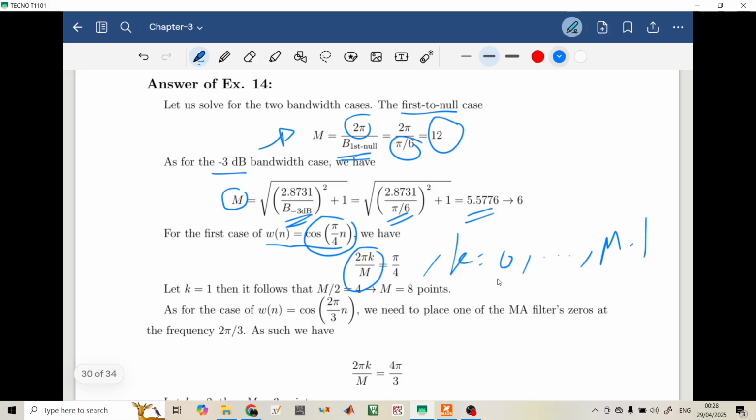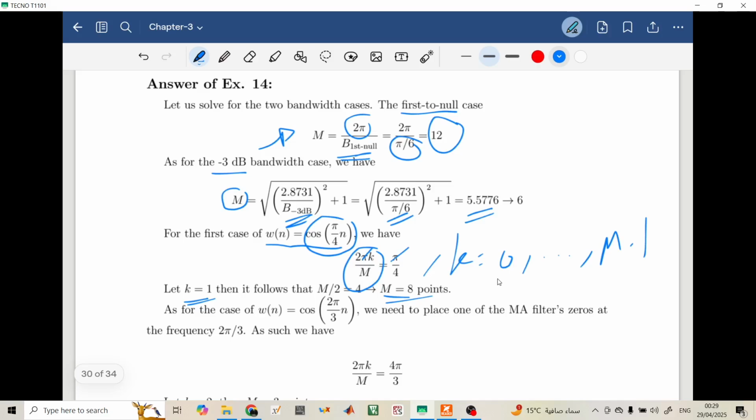So one of those zeros must equal pi over 4. The simple case is what? To set k equal to 1, then we have this equation. The pi's cancel out with the pi on the other side, and k equals 1. Now we have 2 over M equals 1 over 4, meaning that M by 2 equals 4. Now this will give us M equals 8 points.